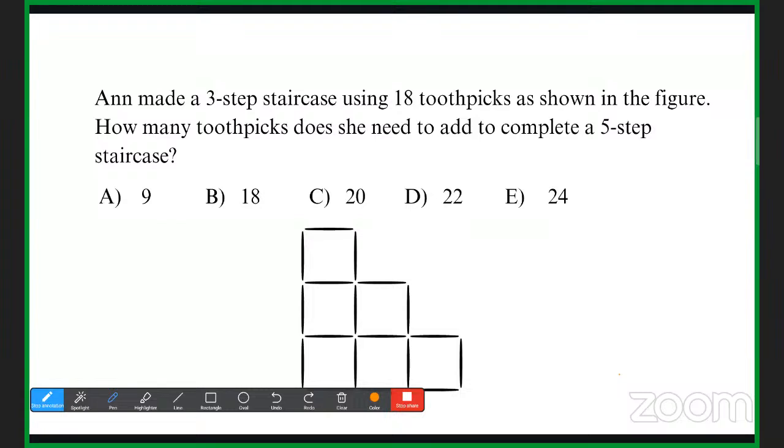Ma'am, 24. Ma'am, 22. Why don't you say that 18 is the answer? Ma'am, 22. 22, okay.